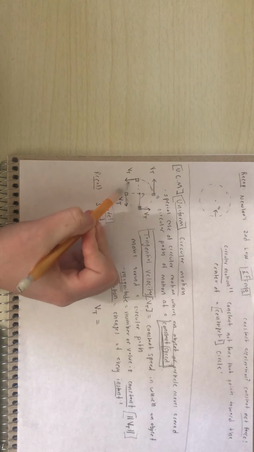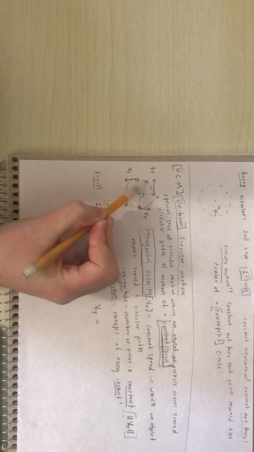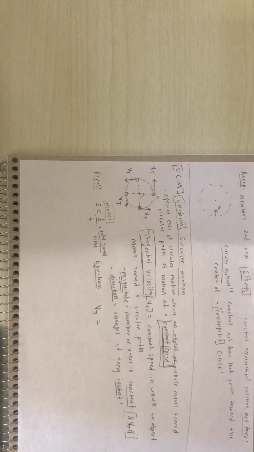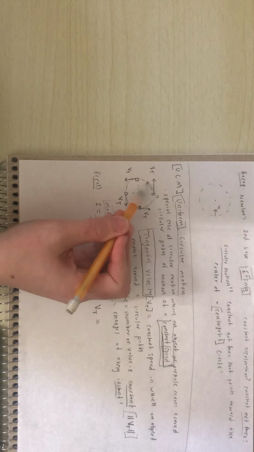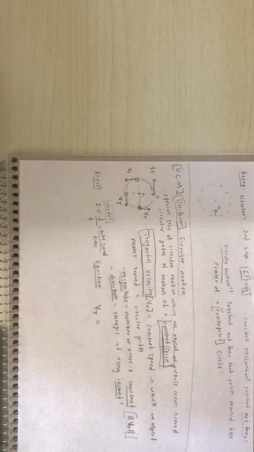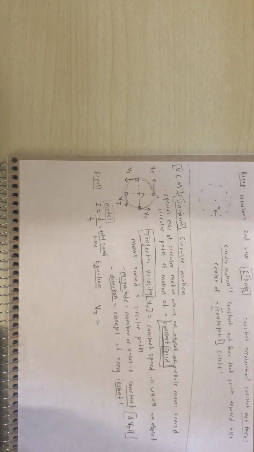Okay, so distance is the total ground covered. So the total ground covered by this stopper, how could we find that? So hopefully you're thinking back to math class, right? The distance around the outside of a circle, we call that the circumference.